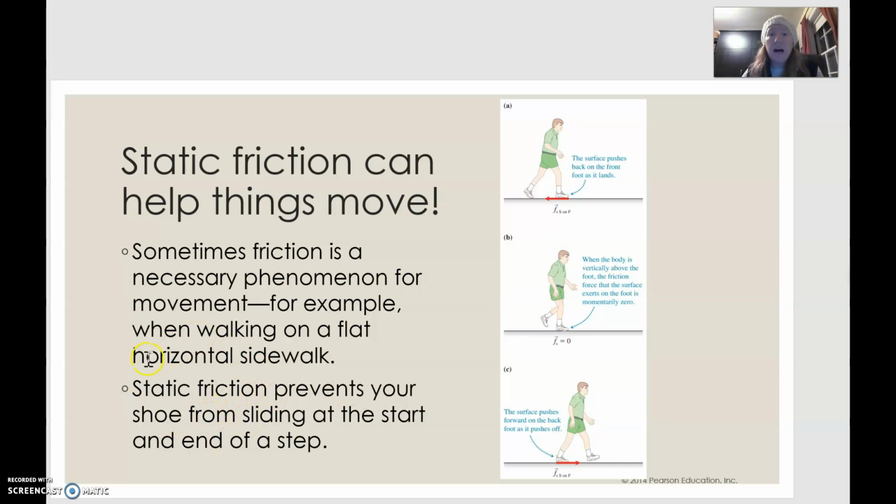And that relies upon the fact that your foot does not slip, that your shoe is going to stick to the floor. So without static friction, if everything was frictionless, that would also be bad, because we couldn't move without these forces that we rely on through Newton's third law to move forward.